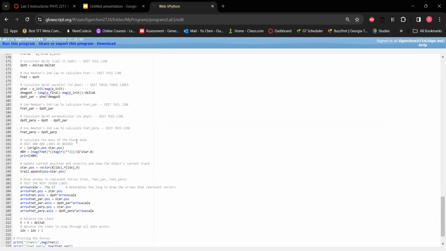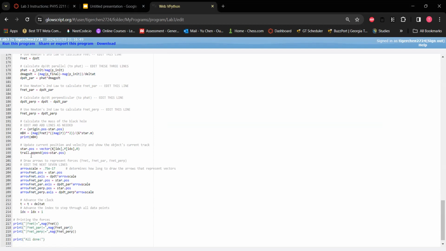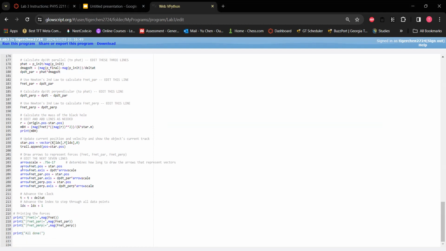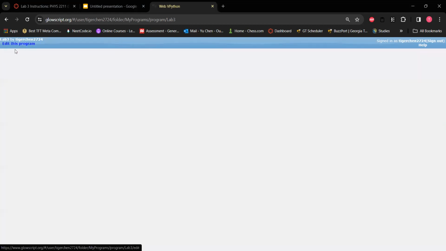And here we calculate the mass of the black hole, which is R equals the position of the origin minus the position of the star. And then we just change all this to the corresponding values. And if we run it, just gotta give it a second.